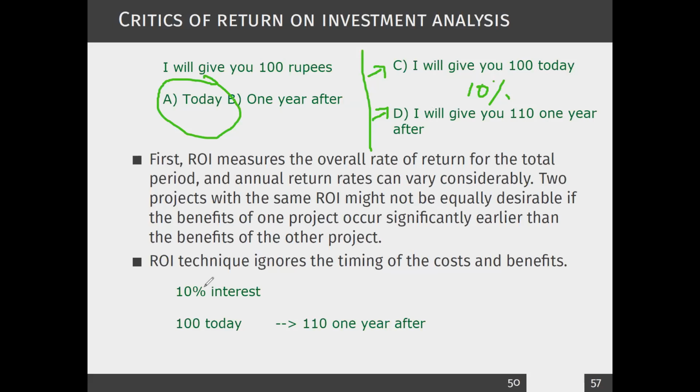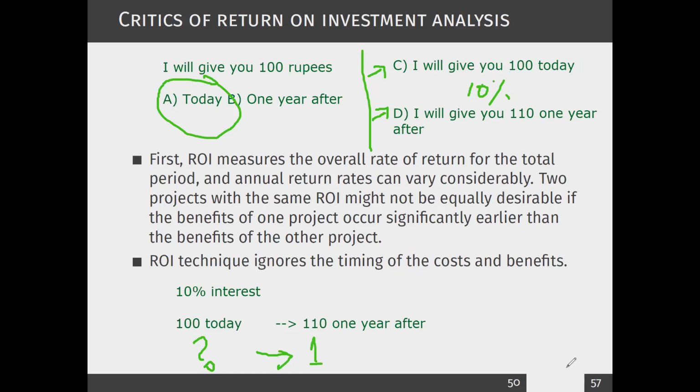So let's say we have a 10% interest. If you invest 100 today, after 1 year you will get 110. So I ask the question the other way around.